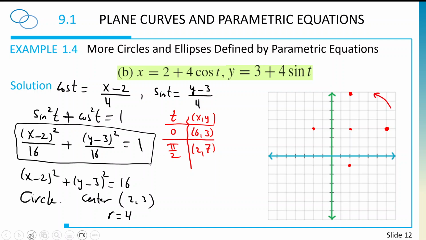The circle will be something like this. We start from here, we move to there, down here, there, and here. So the orientation will look like counterclockwise. You always have to add the arrows to show the orientation.